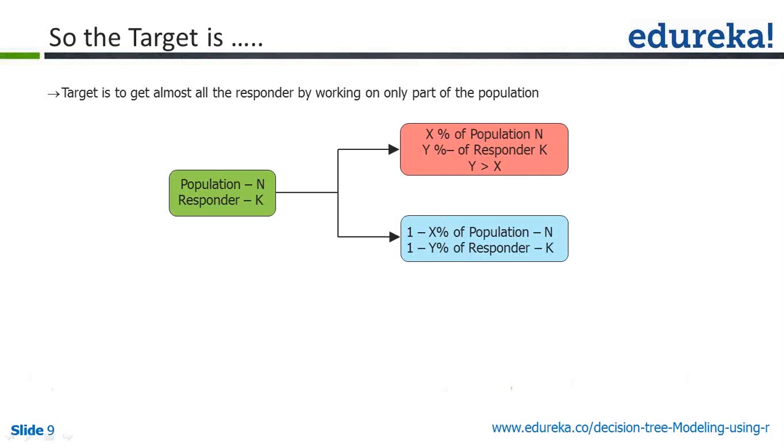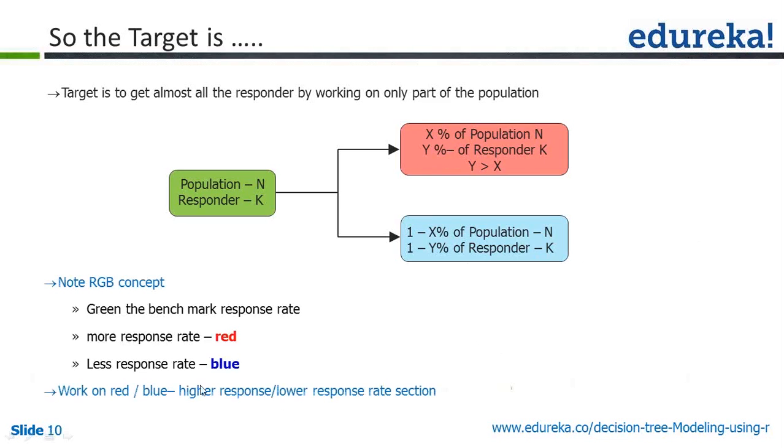Let me repeat. If you show non-responders as blue and responders as red, altogether they look like a good mix of red and blue, probably green. But the moment the percentage of red increases, where there are more responders, the whole bucket will look red, and where there are fewer responders, it will look blue. This is the concept of RGB, and in the red zone you have more response rate.